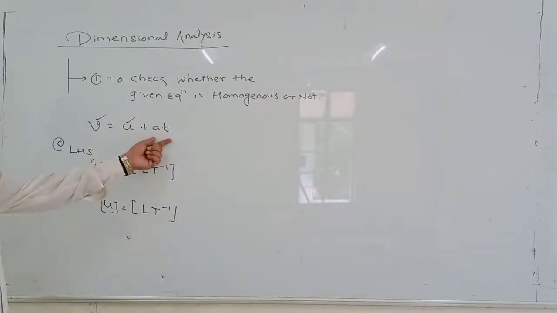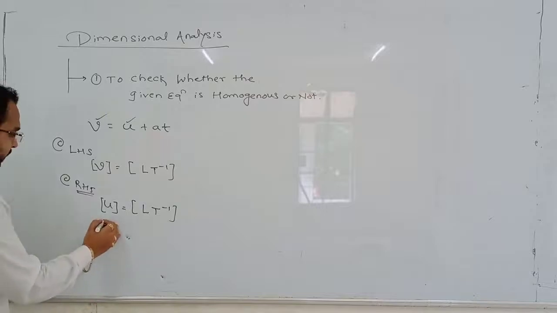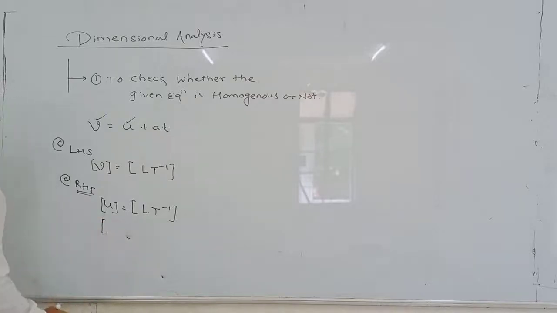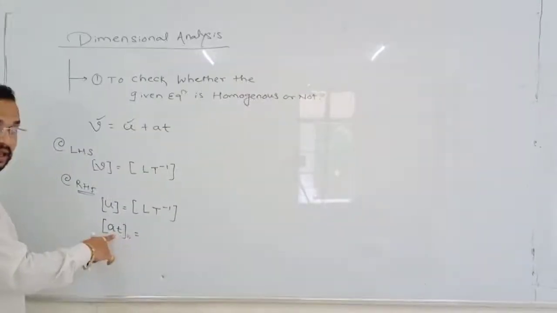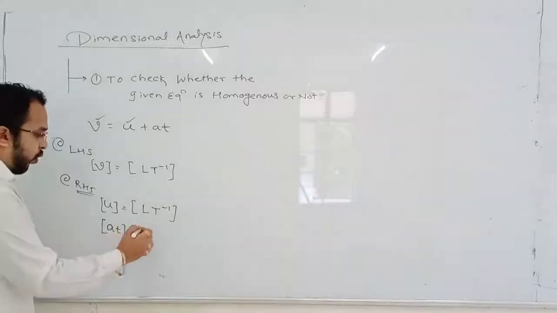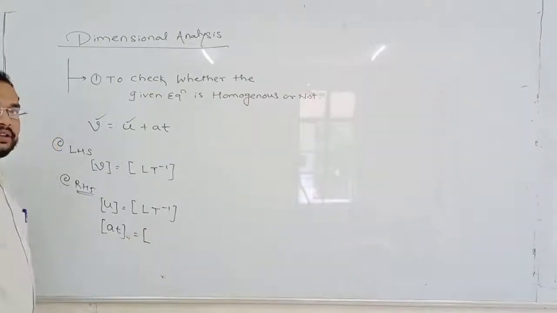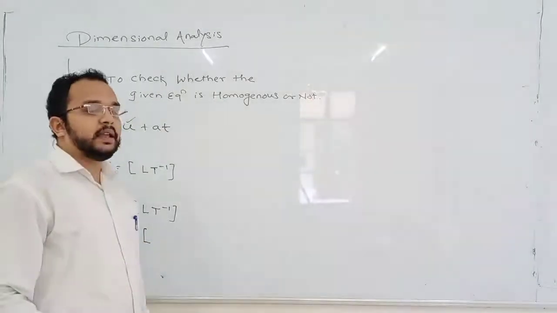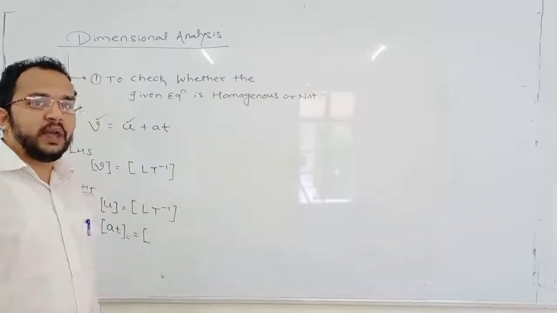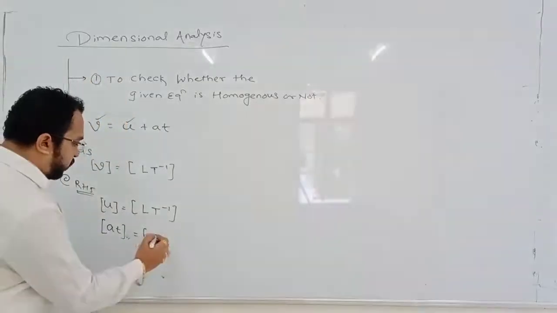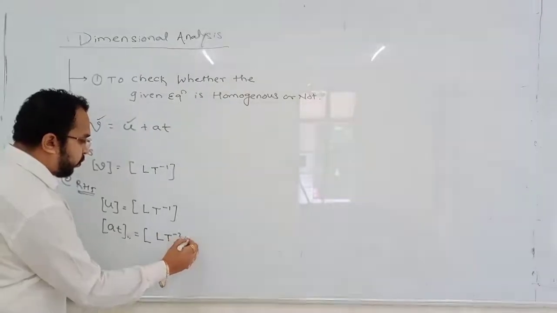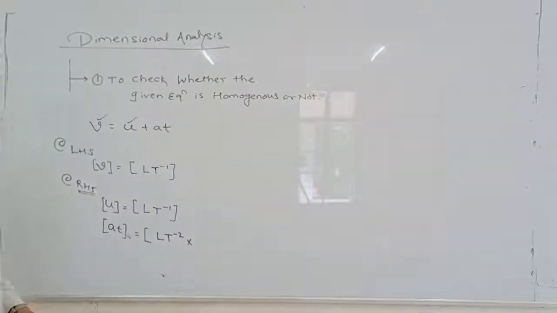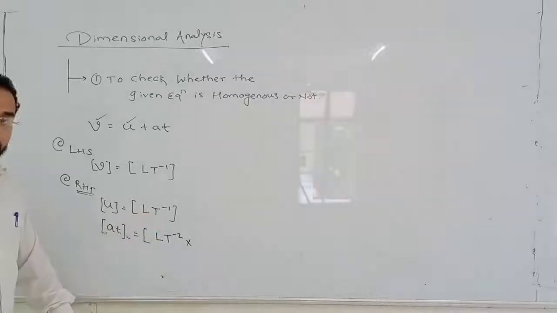Now we will see about at. What is at? a into t. What is a? a is acceleration. What are the dimensions of acceleration? The unit of acceleration is meter per second square, that means LT^-2.